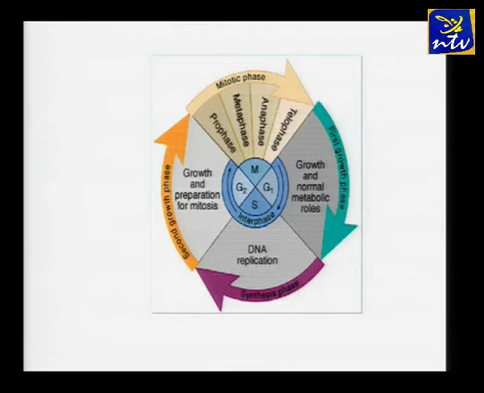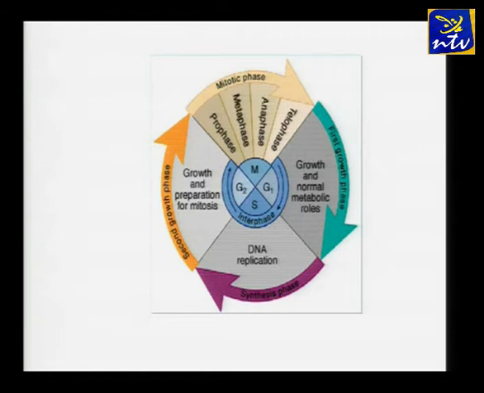The second phase is the synthesis phase, or it is also known as what? S phase. In this S phase, DNA replication takes place. Normally, you get confused between DNA replication and an increase in the number of chromosomes, the doubling of chromosomes. So, please do not get confused.